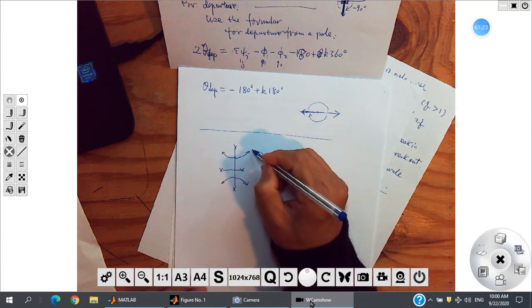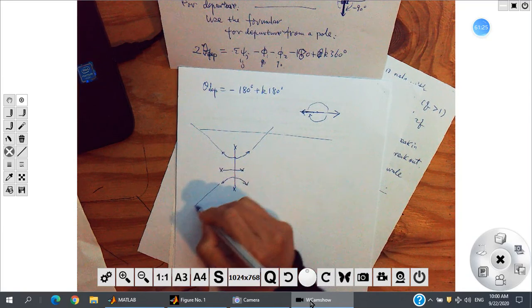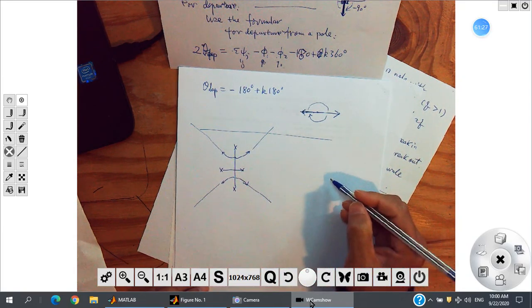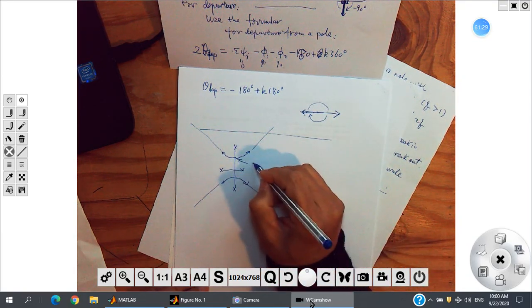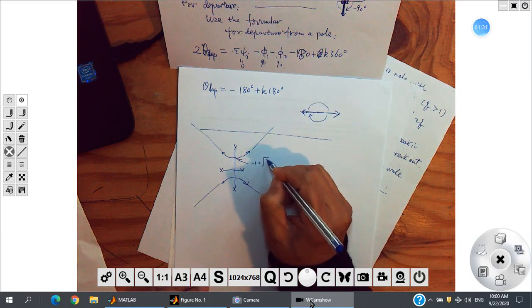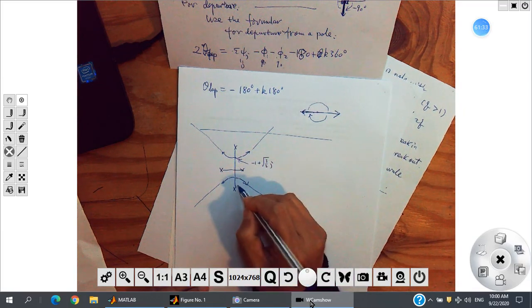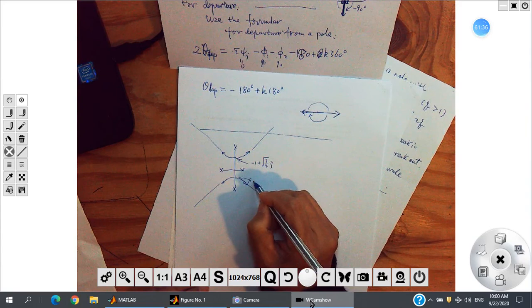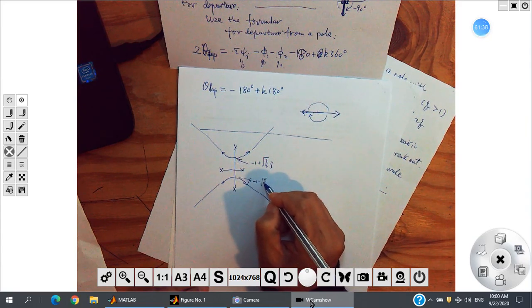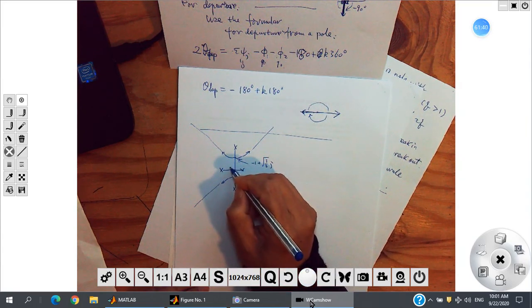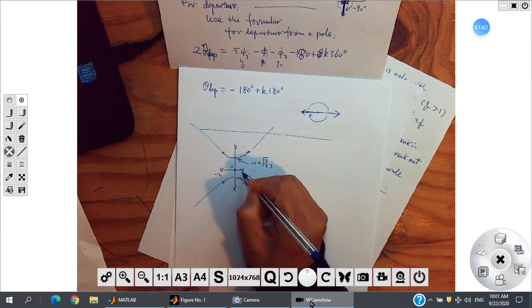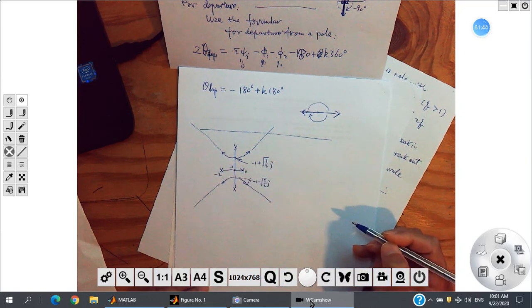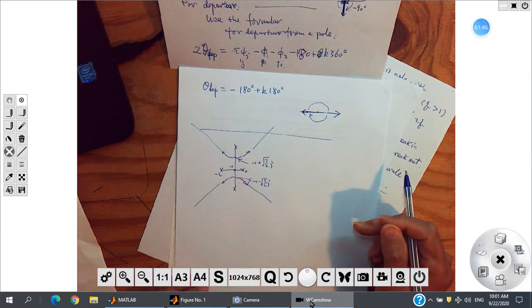And this is the asymptotes, they go to infinity, and this point is negative 1 plus square root of 3 over 2 j. This is negative 1 minus square root 3 over 2 j, and here is just negative 1. Here is negative 2. Here is 0. Alright, so we have the whole graph looks like this.